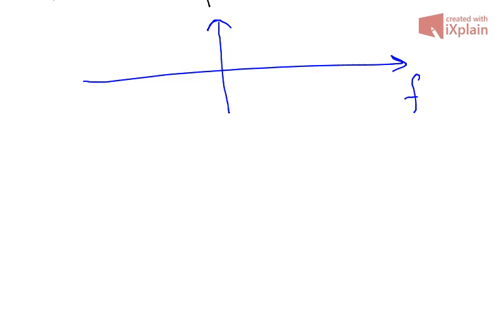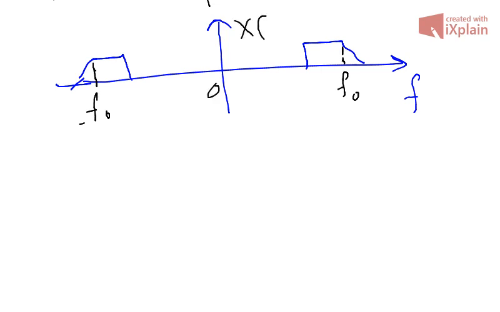You have a real signal here as well, around f0 and minus f0, 0. So this is an example of a band pass signal.